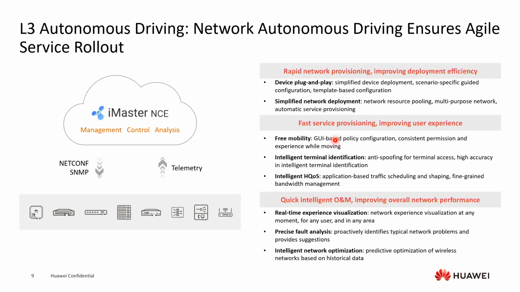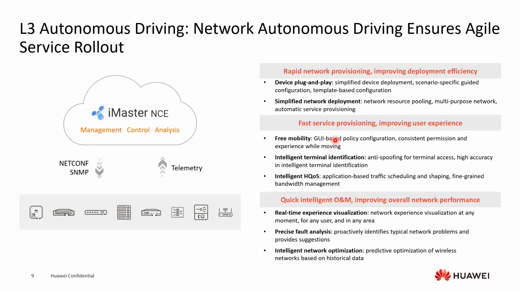Next one. How does a fully wireless intelligent campus network ensure reliable and seamless connectivity for various devices across the campus? Okay, in this scenario, again, I have slides that are coming up in the next slides.